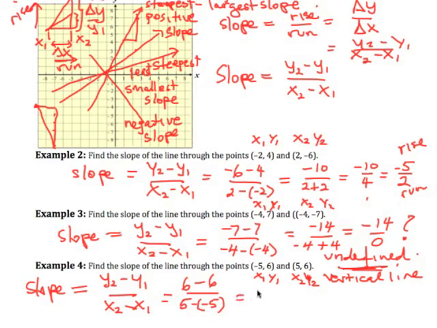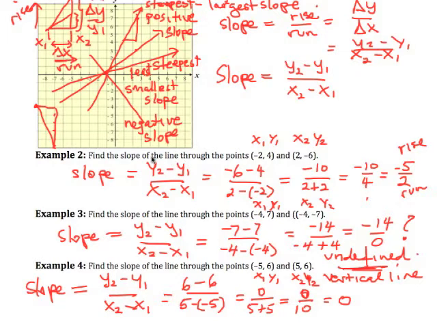So I end up with 0 on top, and I end up with 5 plus 5, which of course is 10. So I end up with 0 over 10, which of course is 0. So what does a zero slope mean? Well, it means it's not rising or falling, it's constant.